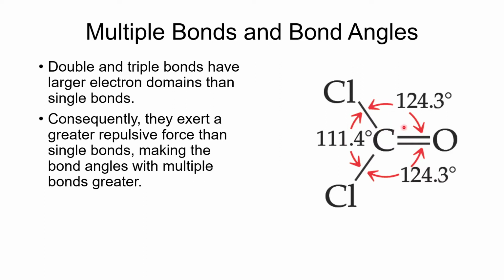And as a consequence, you'll see here on phosgene, which is a nasty chemical, by the way, that the angle here, 124.3, is larger than the expected 120-degree angle that we would see in a typical molecule, and that the angle between the two single bonds comes out to only 111.4. All right, so there we go.